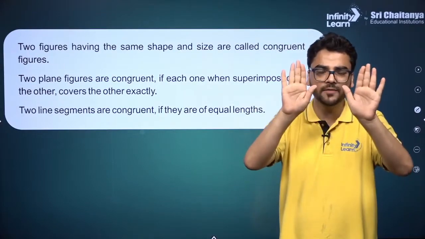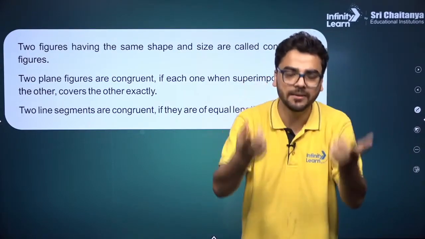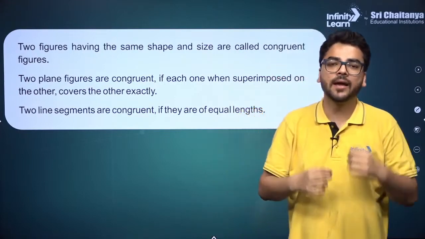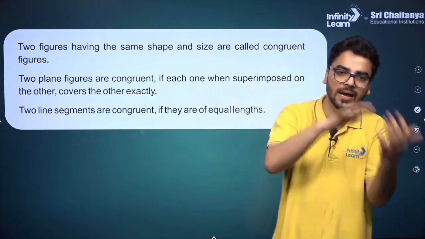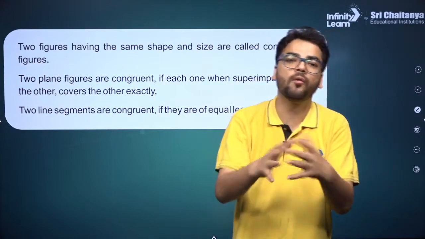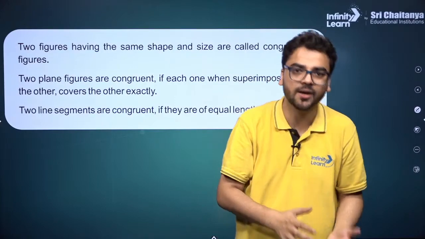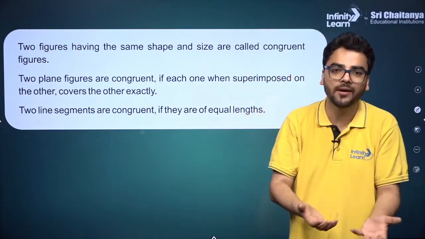So basically they are of the same shape as well as the same size. They are completely overlapping or covering each other. So that is the meaning of congruent figures.